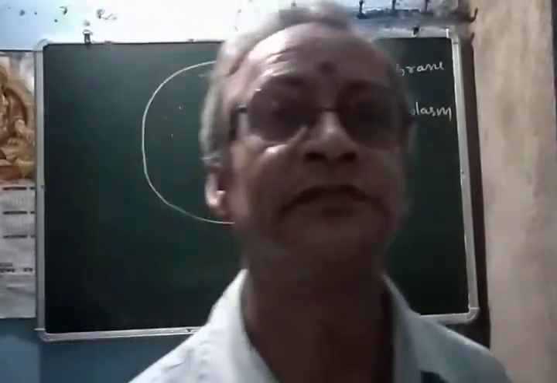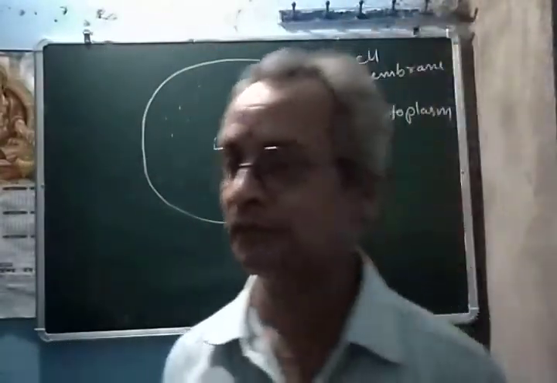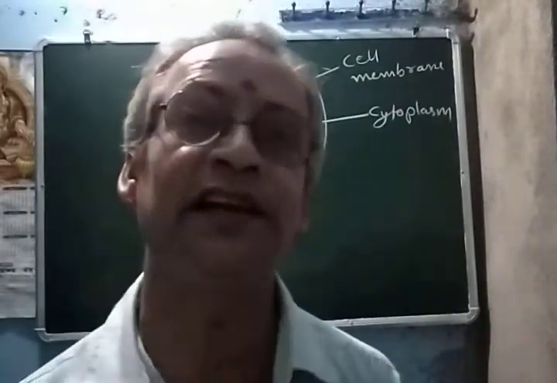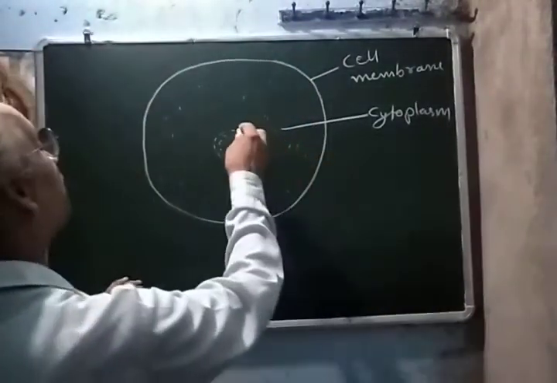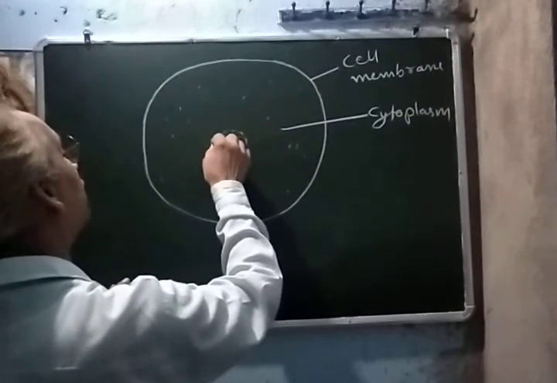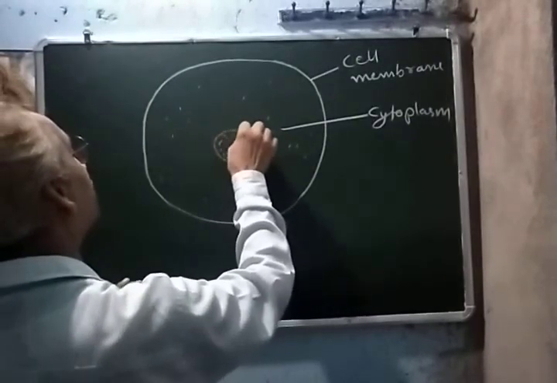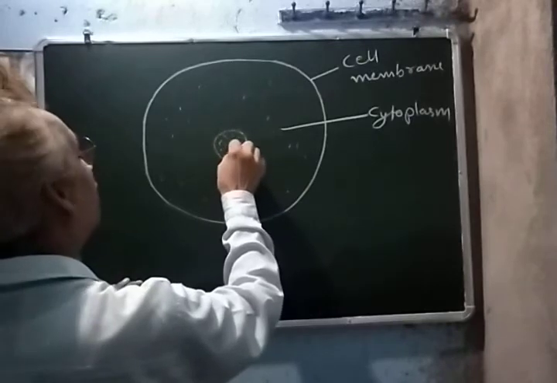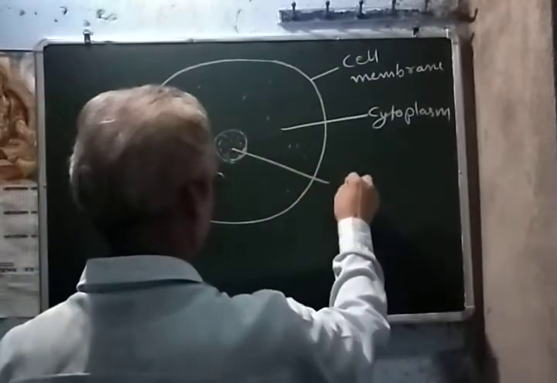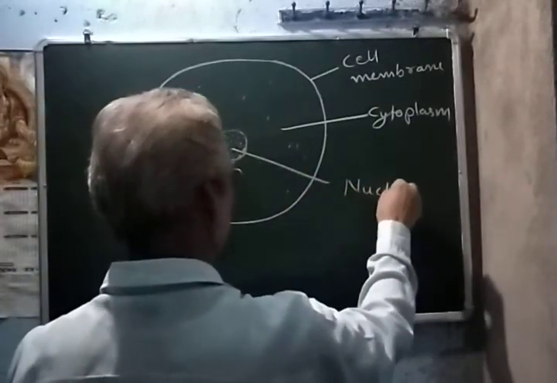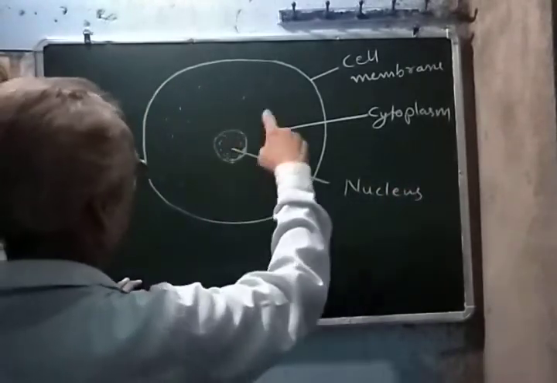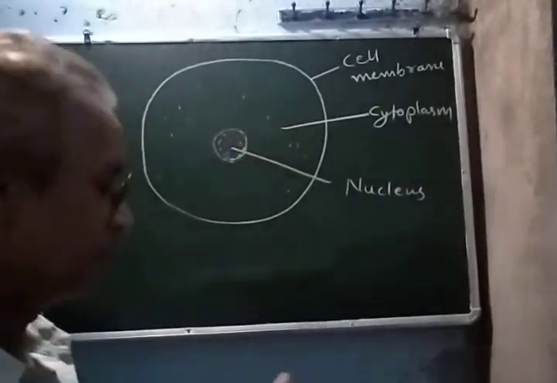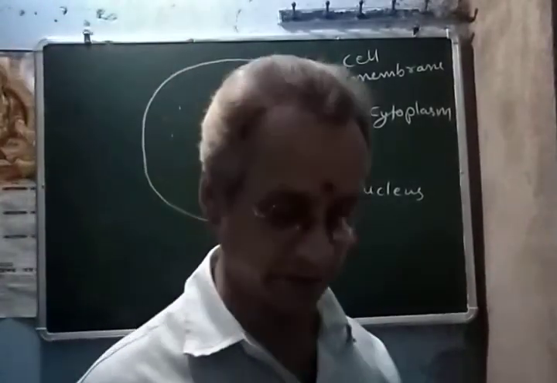Protoplasm is divided into two parts. A central part is called the nucleus, and the outer or peripheral part is called cytoplasm.